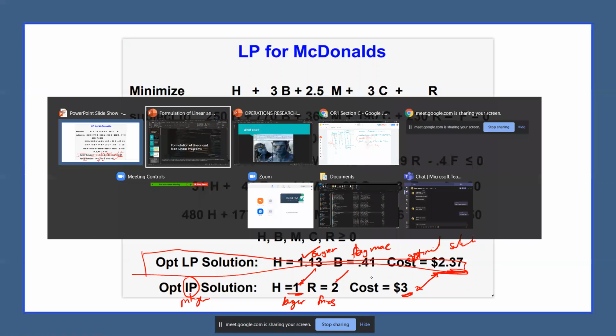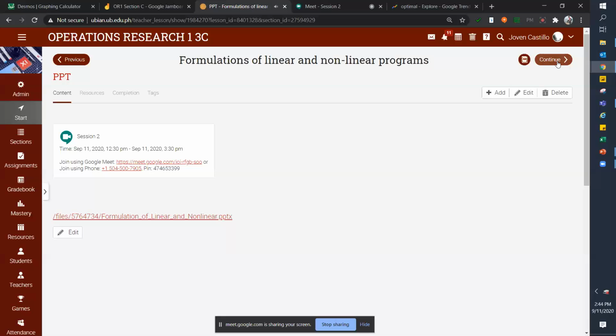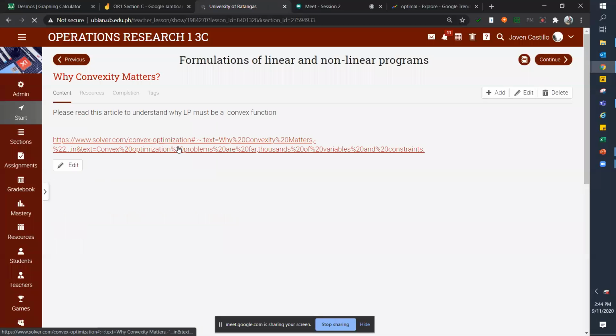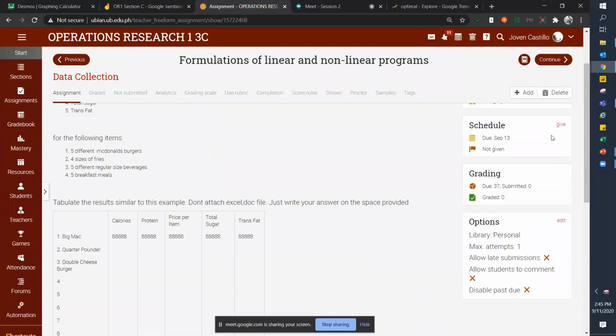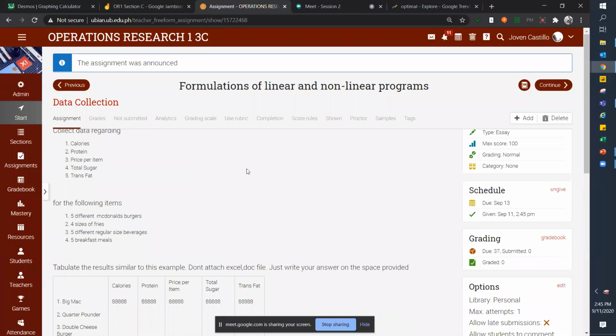Since nga, gusto ko ma-develop sa inyo not only analytical skills but also how to collect data. Nakalagay naman po dito sa ating activity. Ayan, so that's a supersize me. So you are tasked, guys, to do some data gathering.